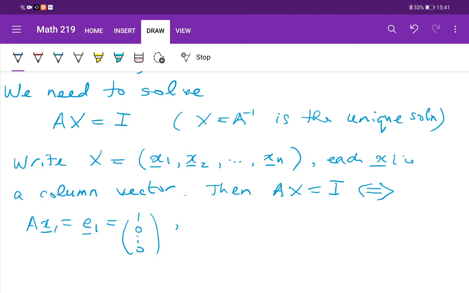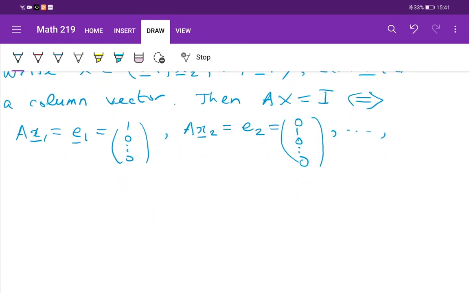That's AX1. AX2 is equal to E2, and this is 0, 1, and zeros below it, and so on, up to AXn is equal to En, and this is 0 up to 0, 1.